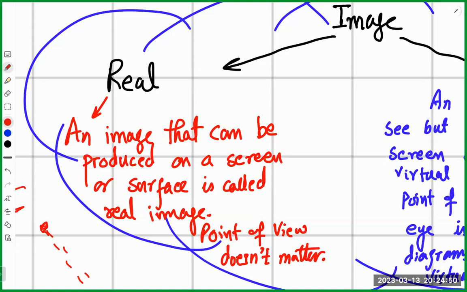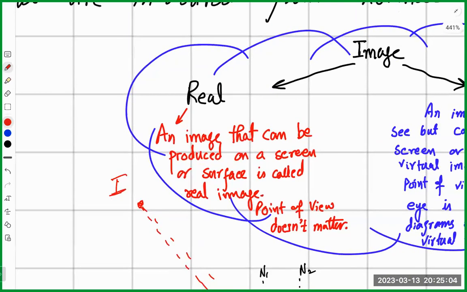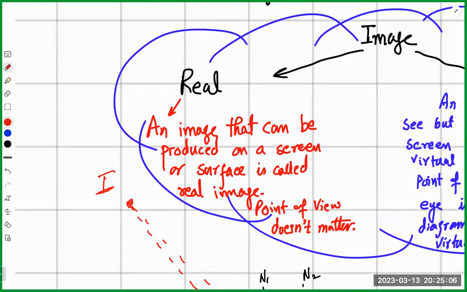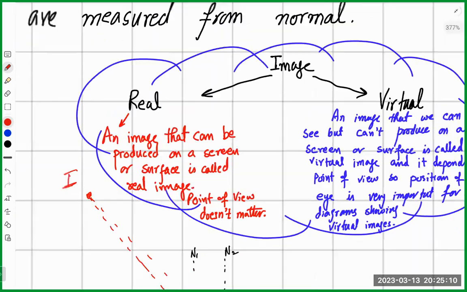They will always be the same from anywhere in the field of vision. So for real images, you don't need to draw the position of the eye. But for a virtual image, you need to draw the position of the eye.